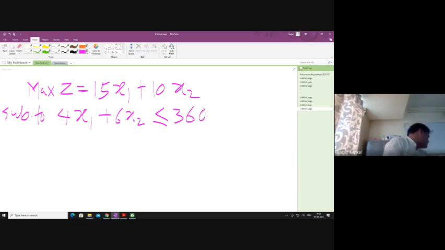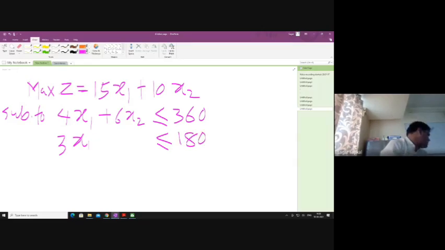Second constraint is 3x1 plus 0x2 less than or equal to 180.